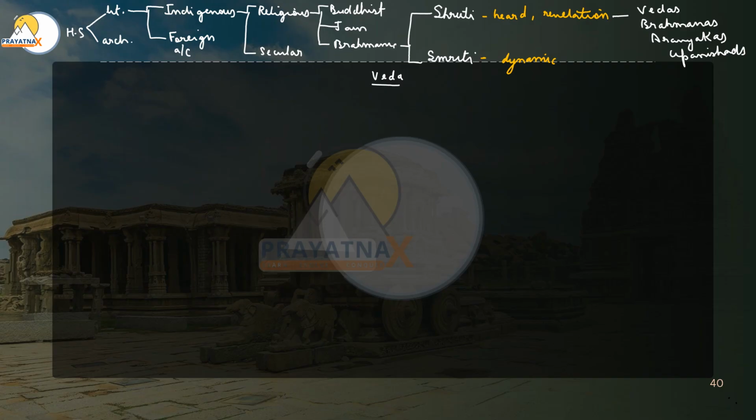So, the word Vedas is derived from the word Vid, which meant to know. It was called Apaurusheya and Nitya. Apaurusheya because it was a revelation and divine, it was not of human origin, and Nitya because it was eternal, permanent, and timeless. And Vedas were passed down from generation to generation orally.